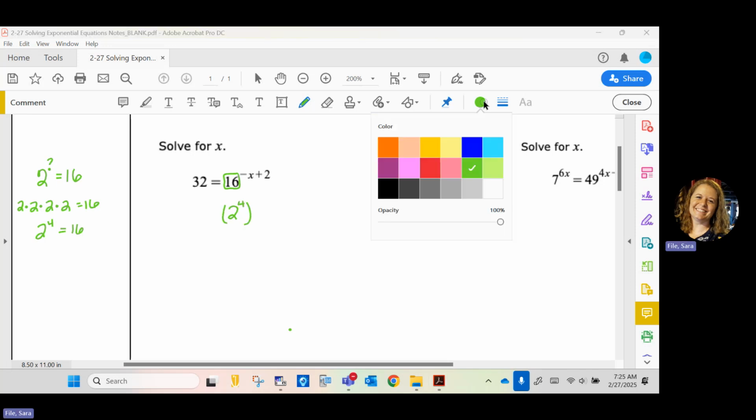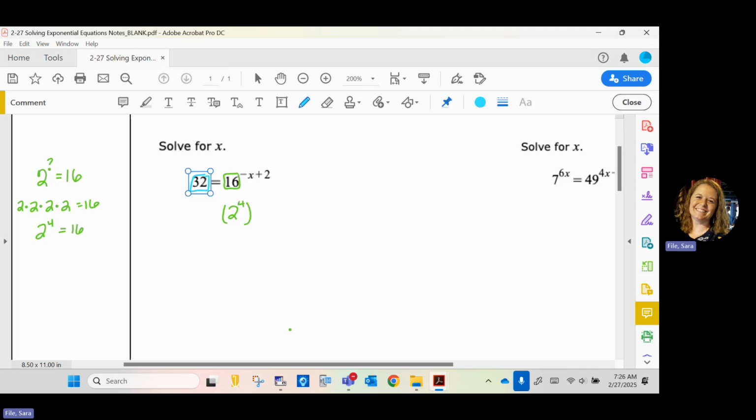Now I'm going to try and do the same thing with 32 so that I have a matching base 2. So 2 to what power would give me 32? I already know that 4 2's is 16, and then times 2 again.